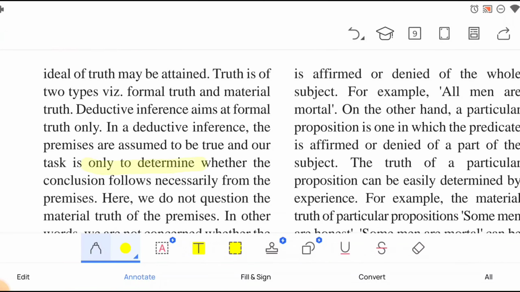What is our main aim? Our main aim is to get the conclusion. We have to get the conclusion from the premise. We have to see whether we will get the conclusion from the premise or not. That is our task in deductive inference, right?